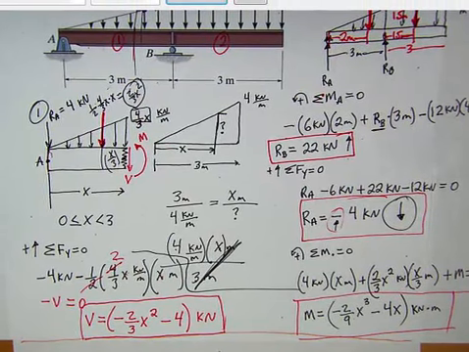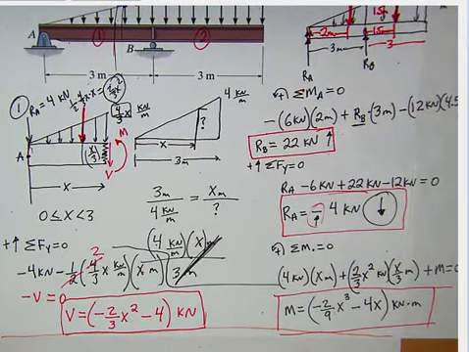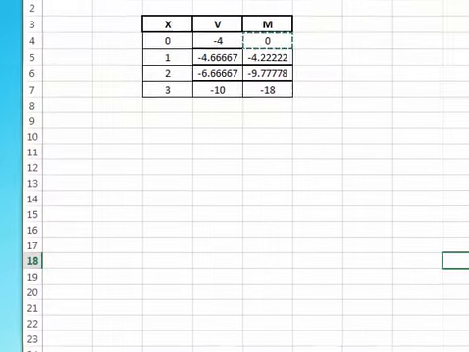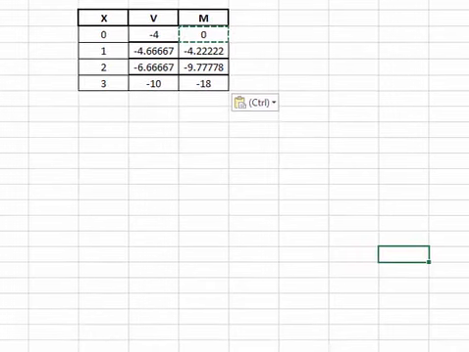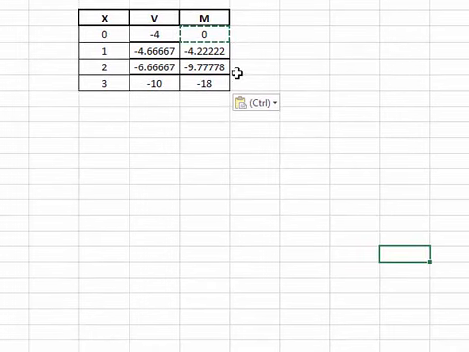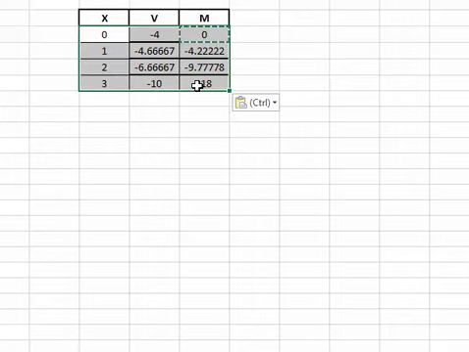It's basically recording what I have on the desktop, and then I'm gonna move this other guy into place right here. So this is what I did. I went ahead and I evaluated from 0 to 3. In here I put the shear equation, and in here I put the moment equation, and these are the values for it. So I'm actually going to graph these so you guys have an idea of what they look like.